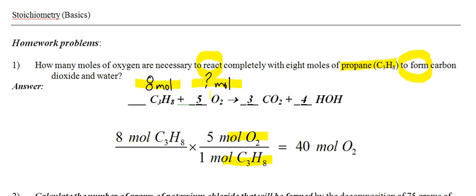The 5 and the 1 came from our balanced equation. There's no value written for the propane. Actually, there's a 1 there if you use your imagination, but we typically don't write a 1. Then, since the question wanted to know how many moles, step 4, our desired unit is already in moles, so we don't have to change anything.